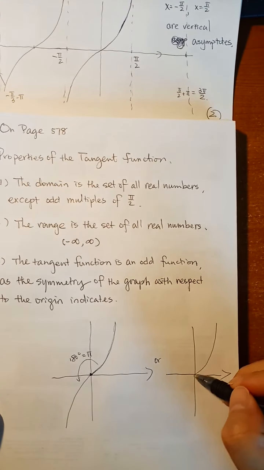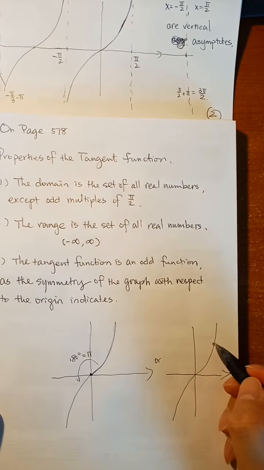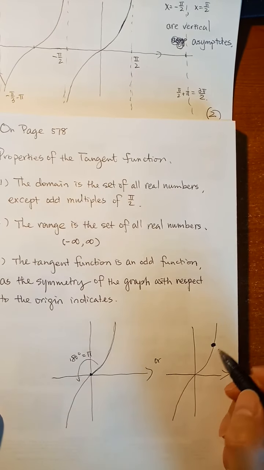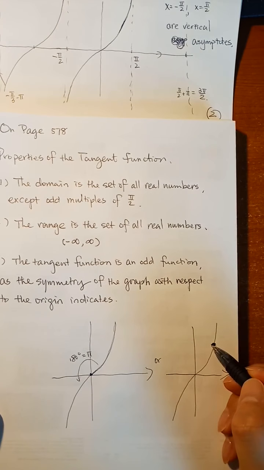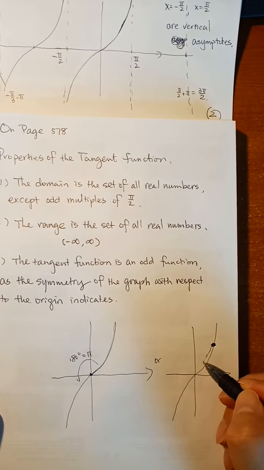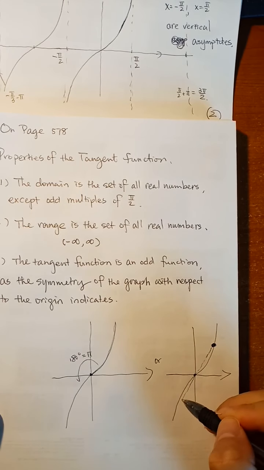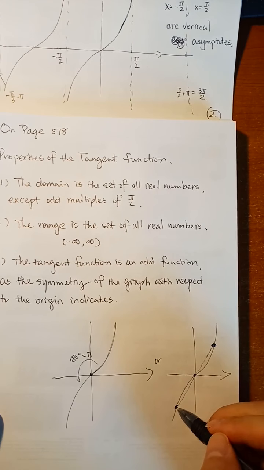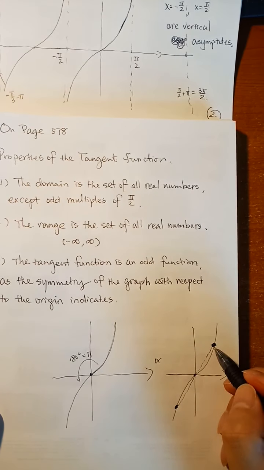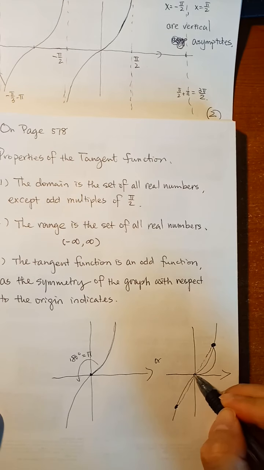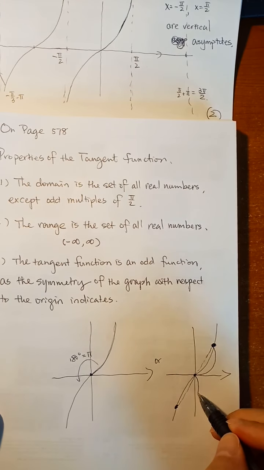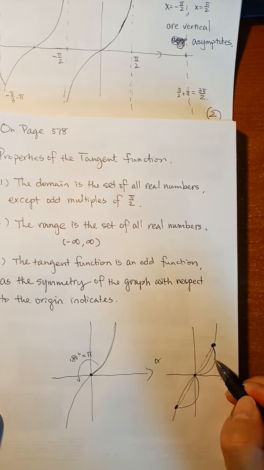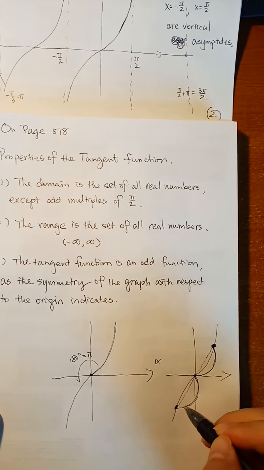what is odd? Odd means whenever you have a point on the graph, you connect it to the origin and you extend it, and you will intersect the graph at another point. The property is that these 2 distances are equal.